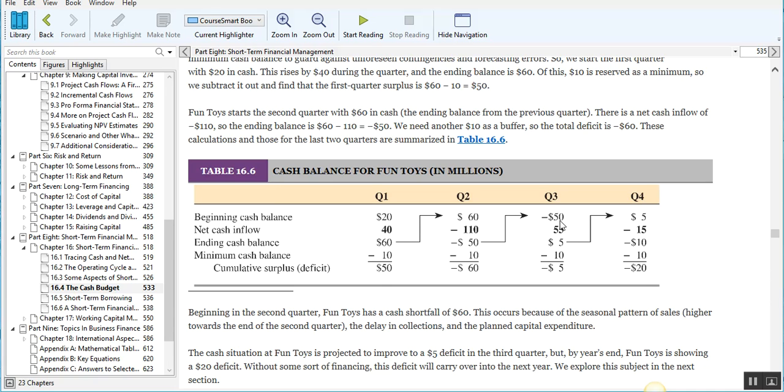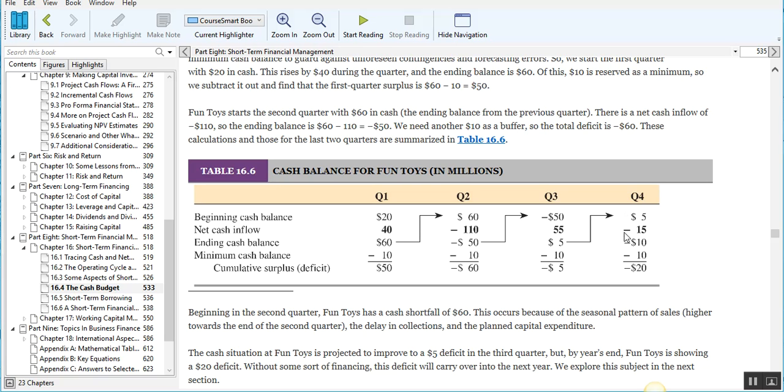We then have the deficit. We're going to have net cash inflow of 55, so we have an ending cash balance of 5 million. We take out the minimum cash balance, and we're short for the surplus by 5 million. Then we move forward into quarter 4, carrying this ending cash balance forward.